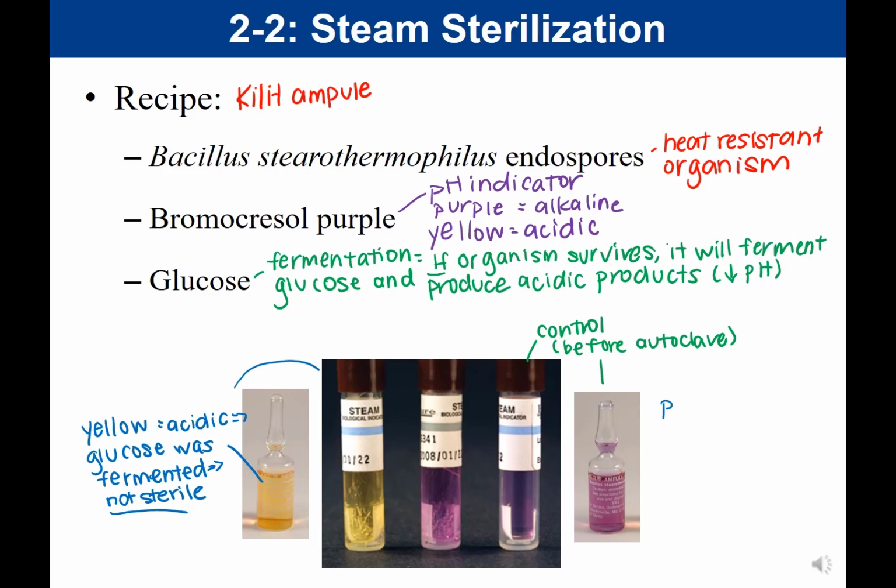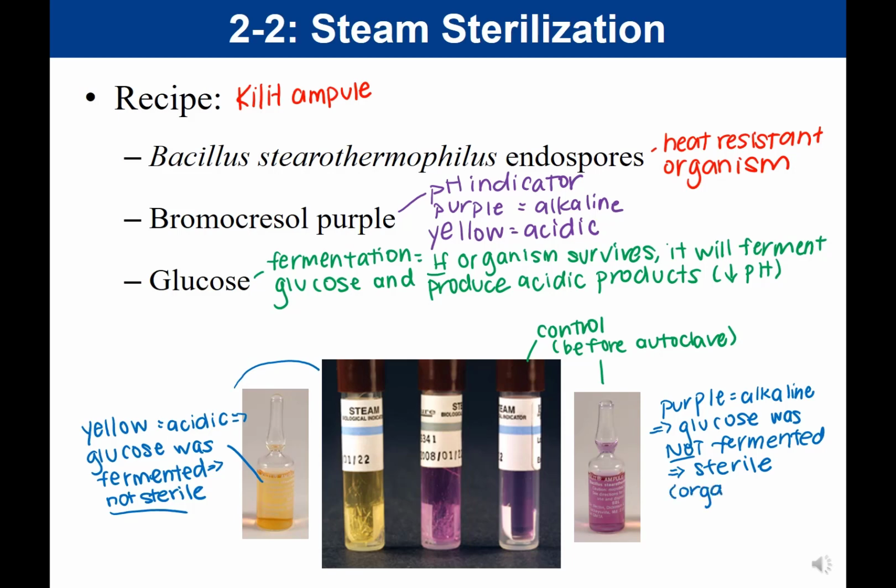On the other hand, if it's purple, purple is alkaline. That tells us that glucose was not fermented, which tells us that it's sterile. Right?